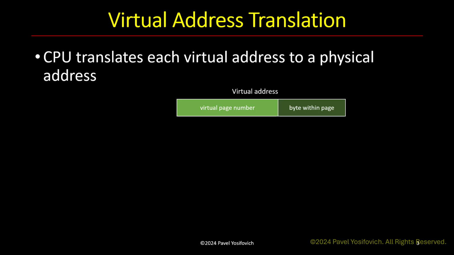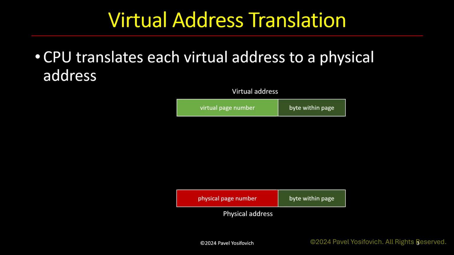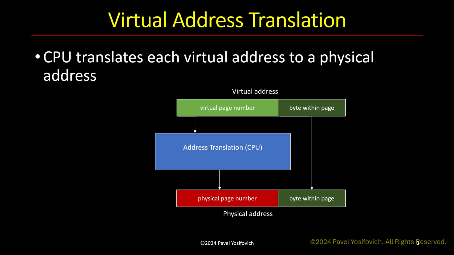So if you look at the final result, what we want to get is a physical page number where the page starts in physical memory, and the offset is just going to be copied from the original address.